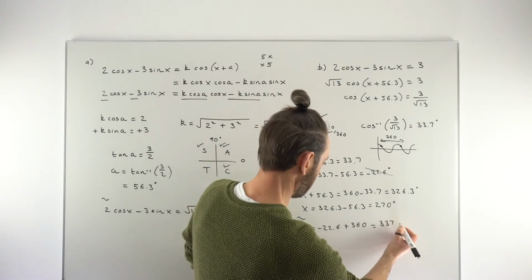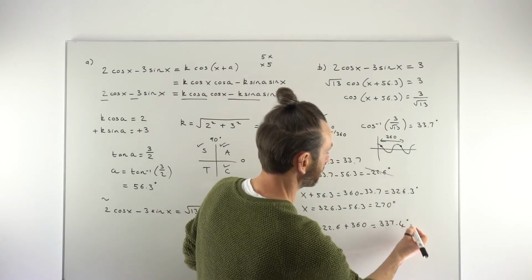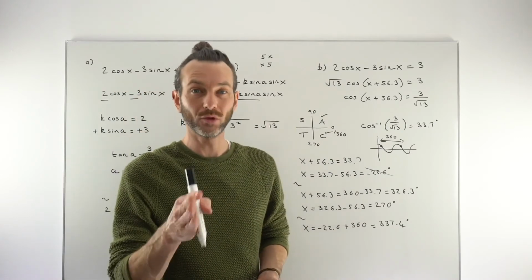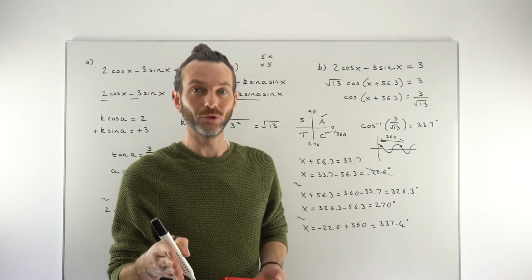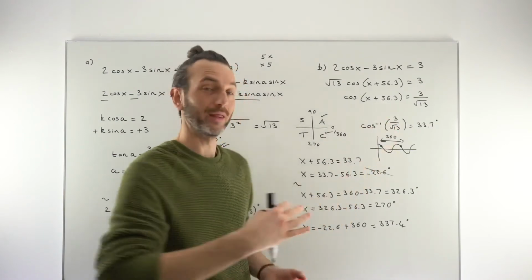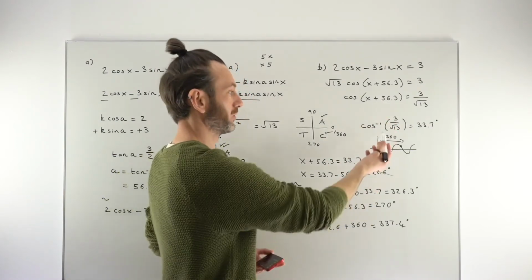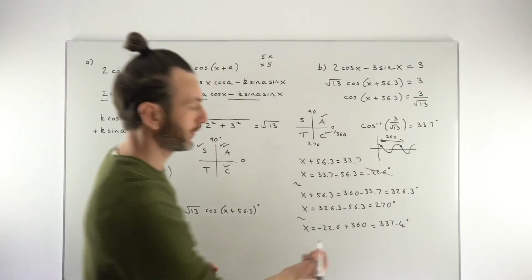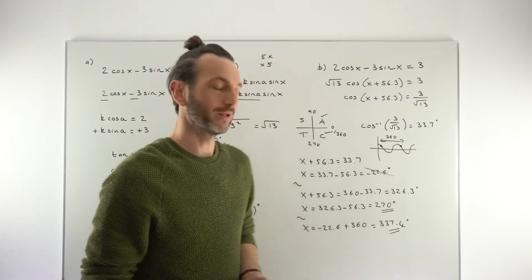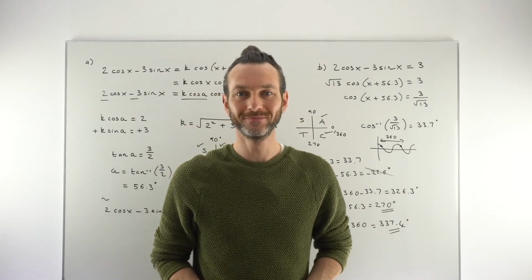So 337.4 degrees. Those second solutions with horizontal shifts can be tricky. You've just got to think about whether any of the solutions are going to get sucked into the range by this shift or by the fact that the period is 360 degrees. So this here and this here are the two valid solutions to that equation.